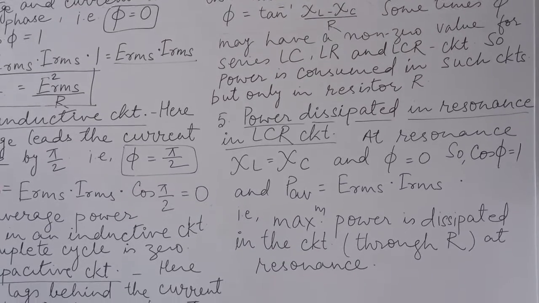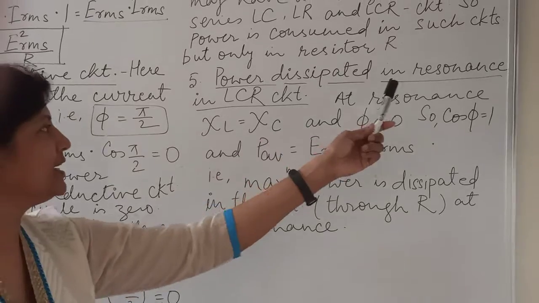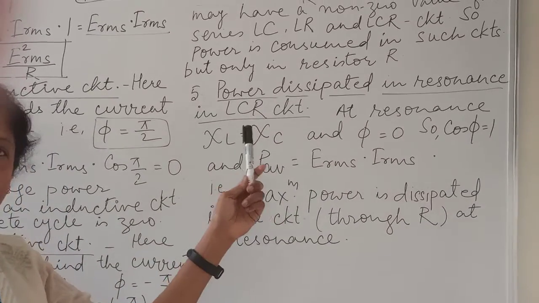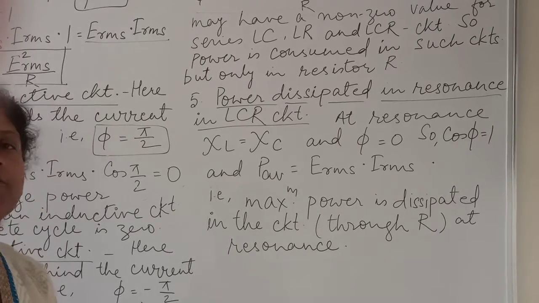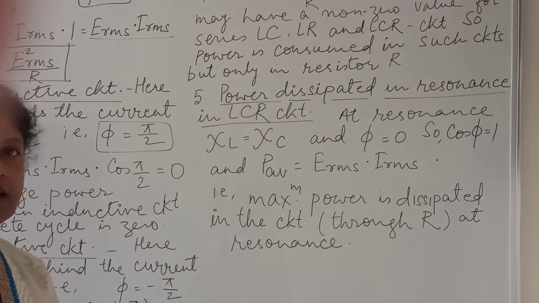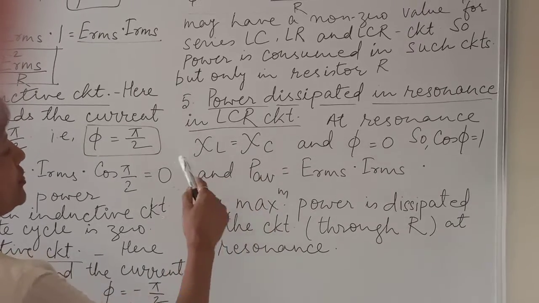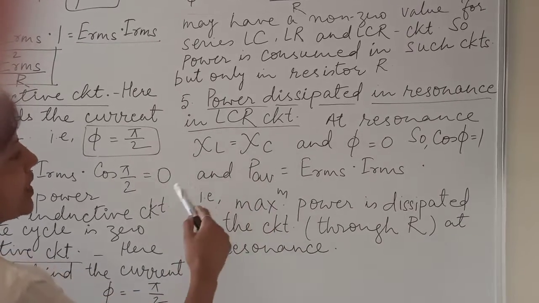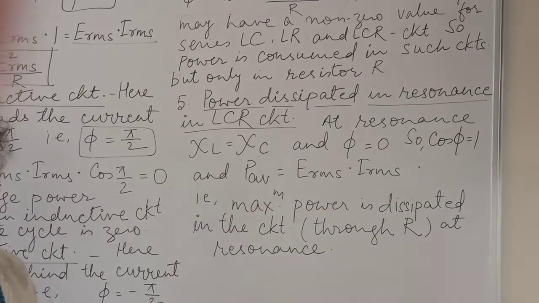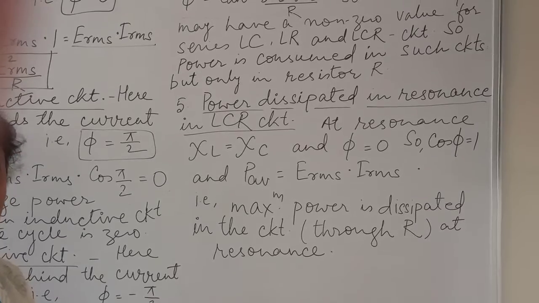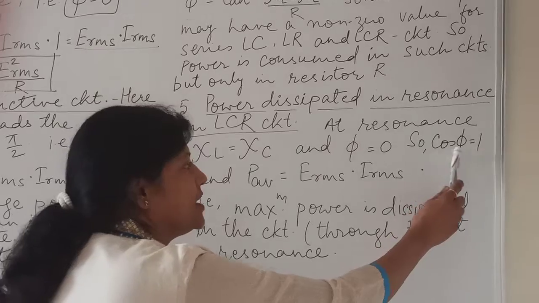Fifth special case is power dissipated at resonance in LCR circuit. At resonance, we have a special condition, that is X_L is equal to X_C and φ is equal to 0. If we consider cos φ, that is cos 0 degree, cos 0 is 1.